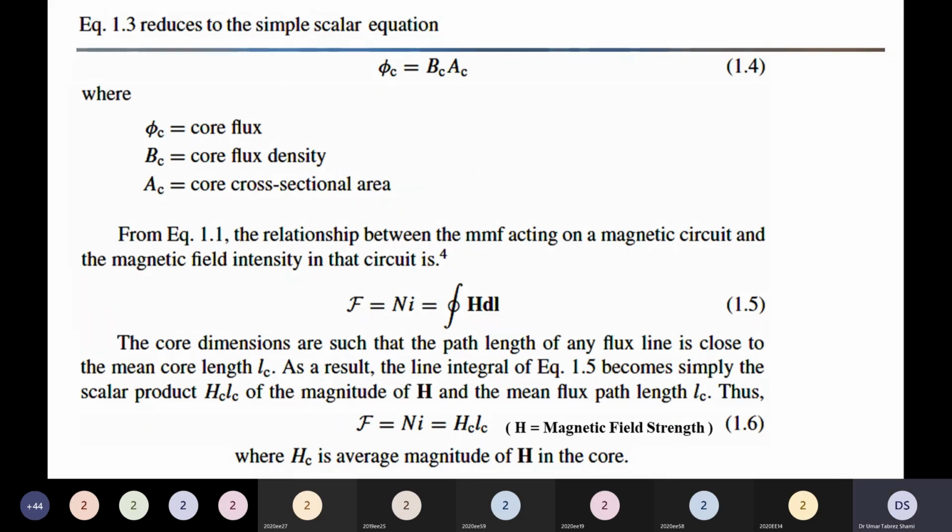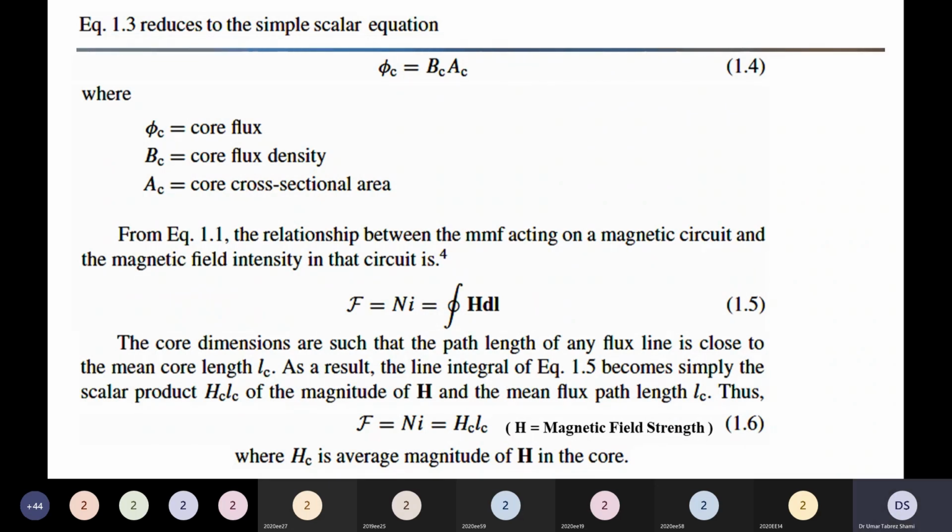Okay, so flux is the magnetic density multiplied by the area, where in equation number 1.4 it represents the flux and the unit is Weber. Now equation number 1.5 tells us the relationship between the MMF acting on a circuit and the magnetic field intensity in that circuit.